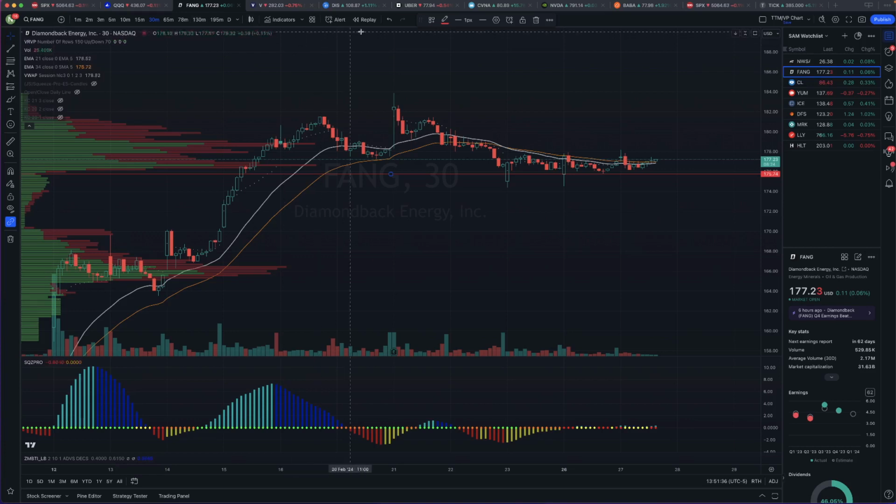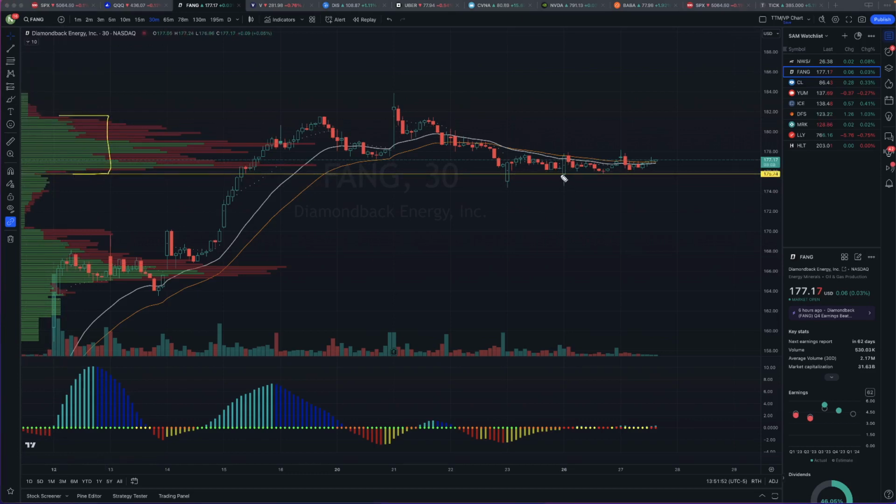I'm going to make that yellow. And the reason it's right there for me is, one, on the chart, it's at the bottom end of this value area node, right? And also it's the bottom of this candle and that support level candle there. We did get a breakdown right there, but that was somewhat before this had been formed. So that's where I'm going to put my value area low.